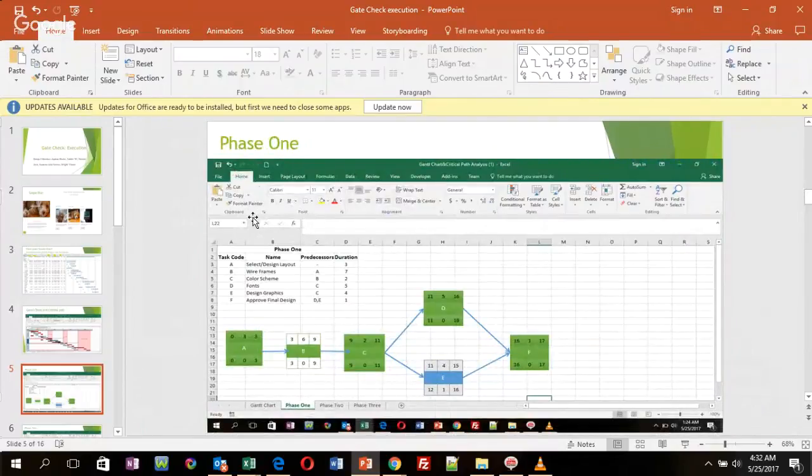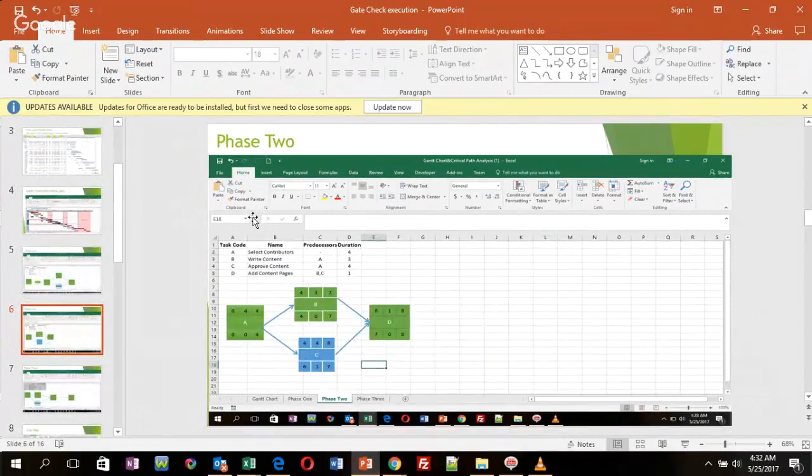In phase 1, we worked on the wireframe, the color scheme used 2 days, fonts used 5 days, design and graphics we used 4 days, and we used 1 day for the final design approval.